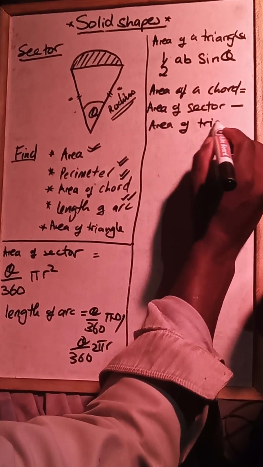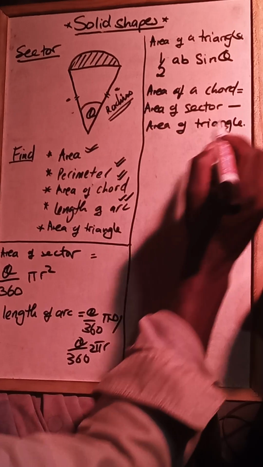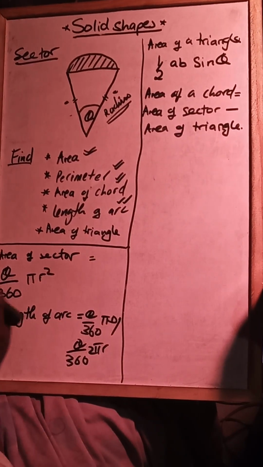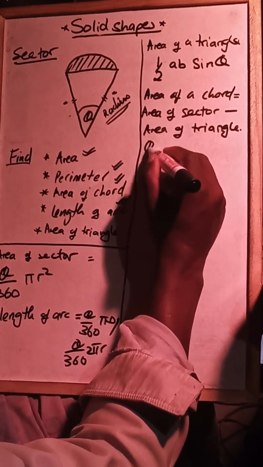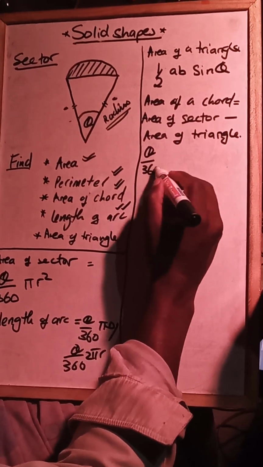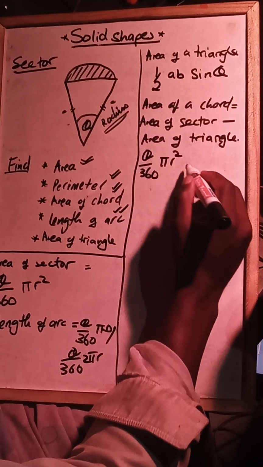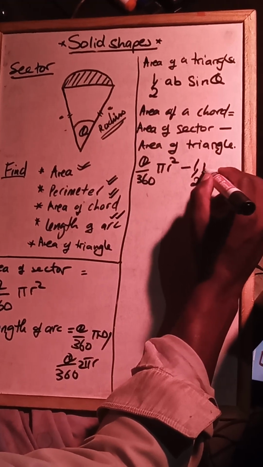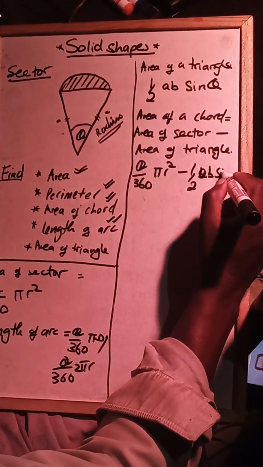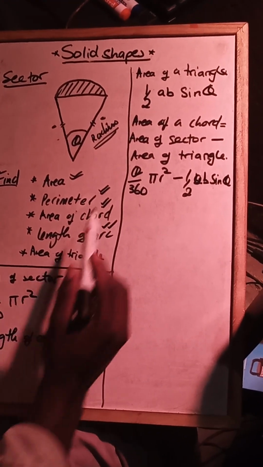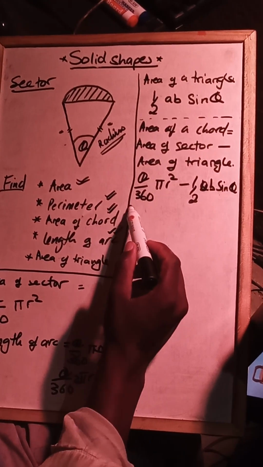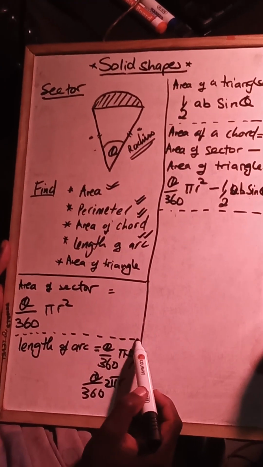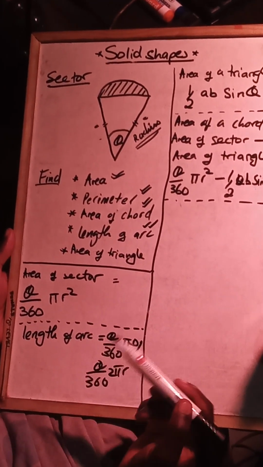So we have the area of sector and the area of triangle formulas, which means we are saying theta over 360 pi r squared minus half a b sine theta.